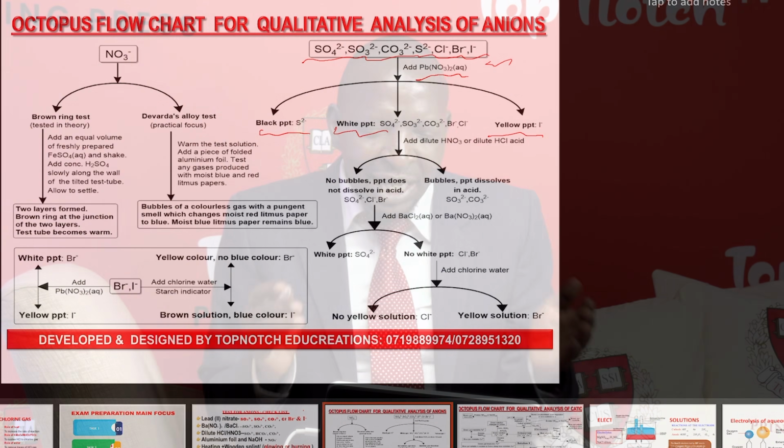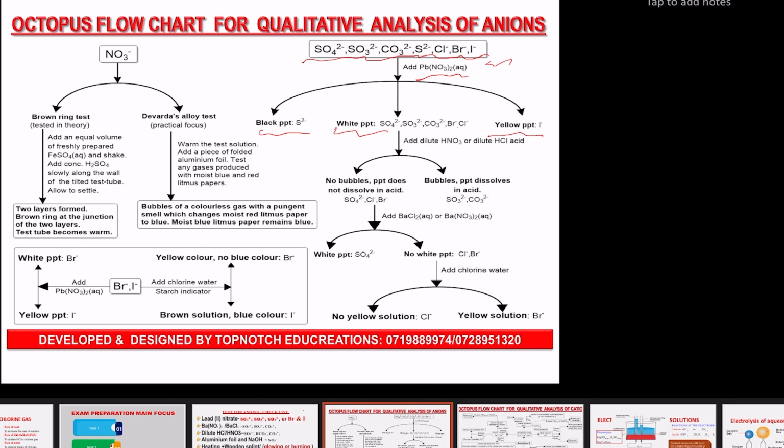Now, you can see the test for iodide and sulfide can be identified just using one reagent, that is lead nitrate. But now with the others, we have 5 ions that are giving the same observation.